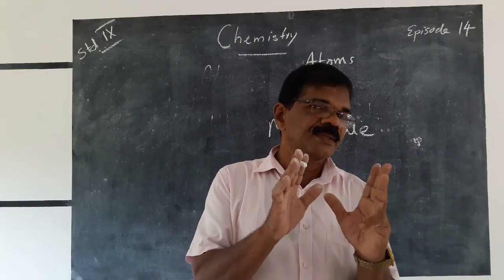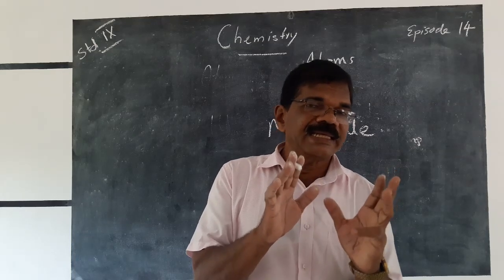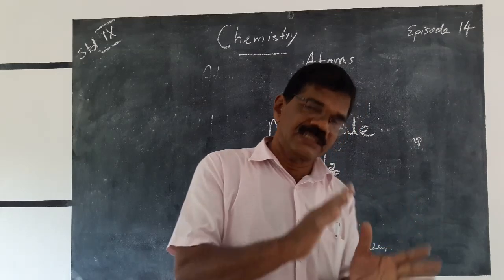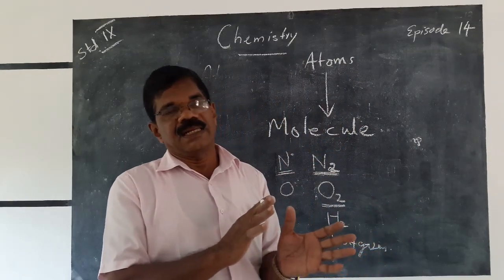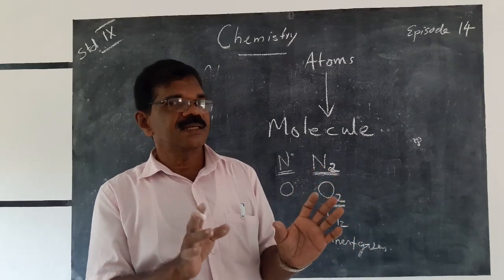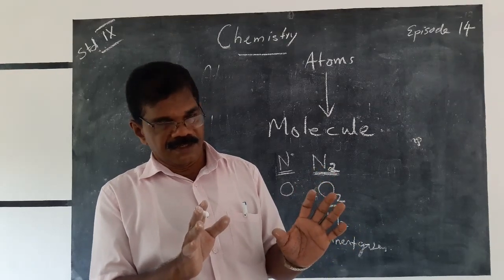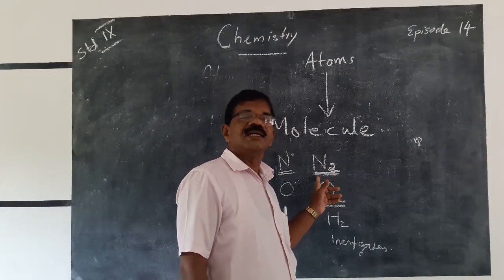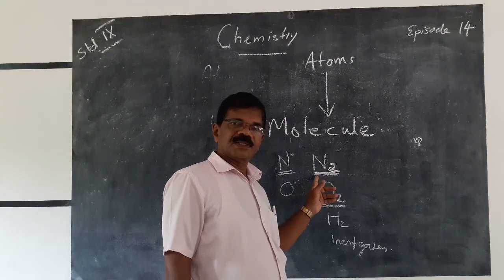What are they? The atoms of inert gases exist freely in the state. Helium, neon exist freely. Except for inert gases, atoms of the other elements do not exist freely.